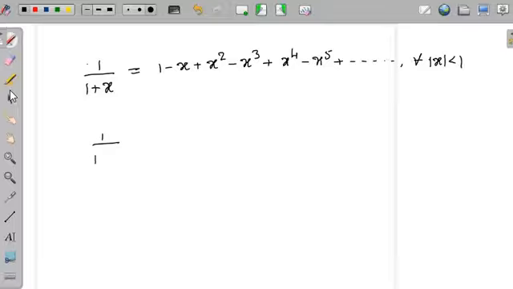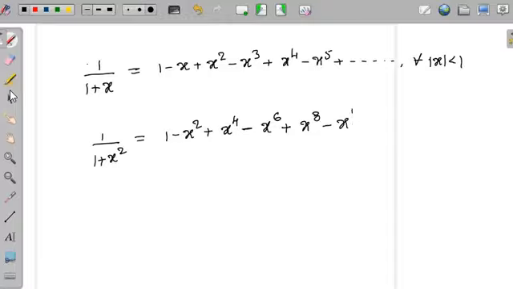So if I take x square in place of x, 1 over 1 plus x square would be 1 minus x square plus x square whole square, that will be x power 4 minus x square whole cube, that is x power 6 plus x power 8 minus x power 10 plus and so on.